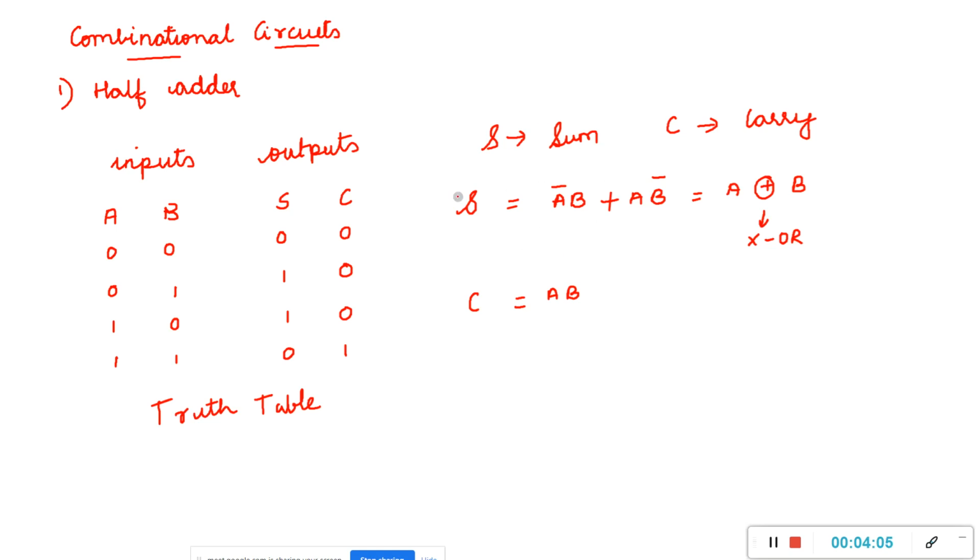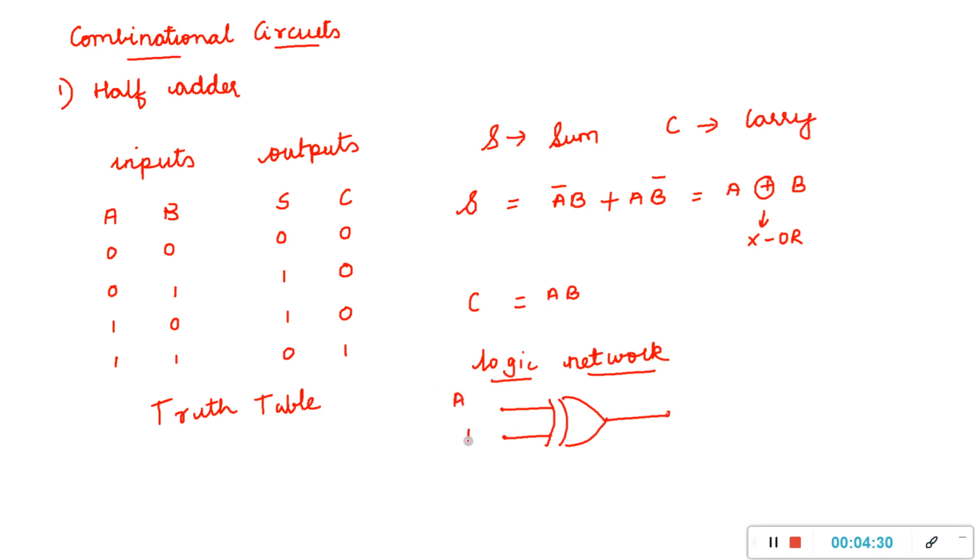So here let me draw the logic network for this. Sum is equal to A XOR B, right? So logic network for half adder. Sum is equal to A XOR B. Carry is equal to AB.